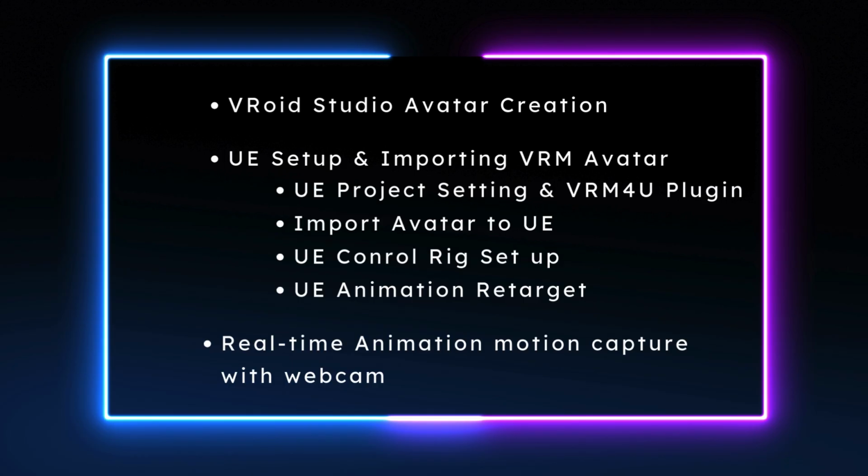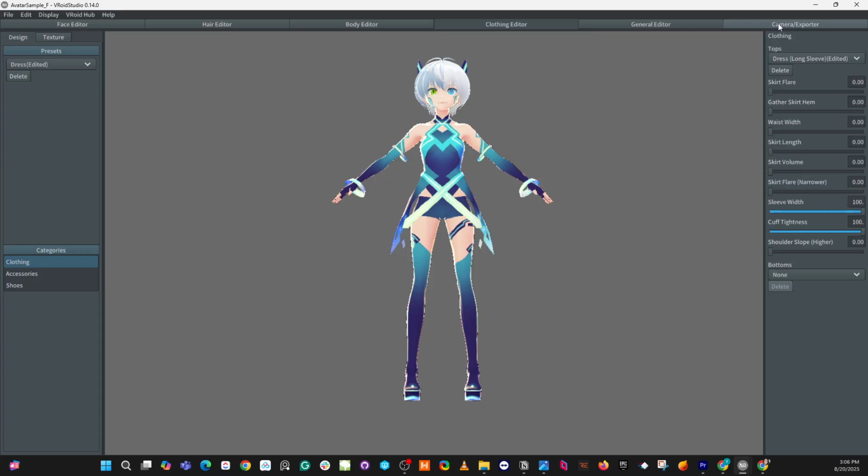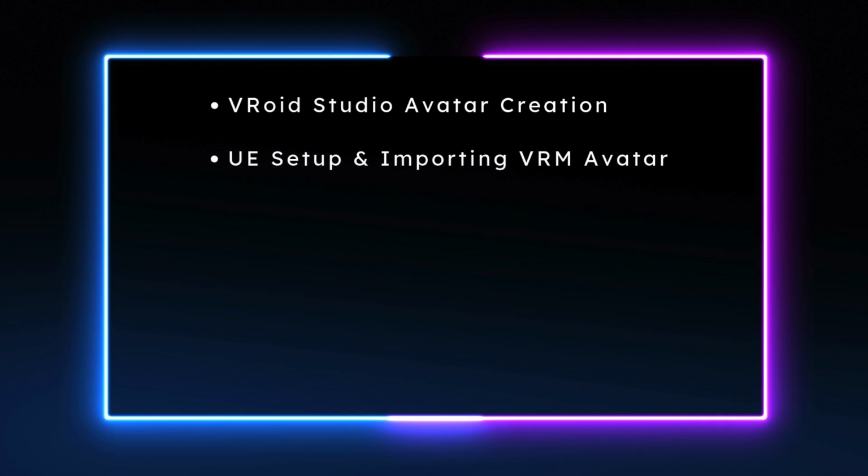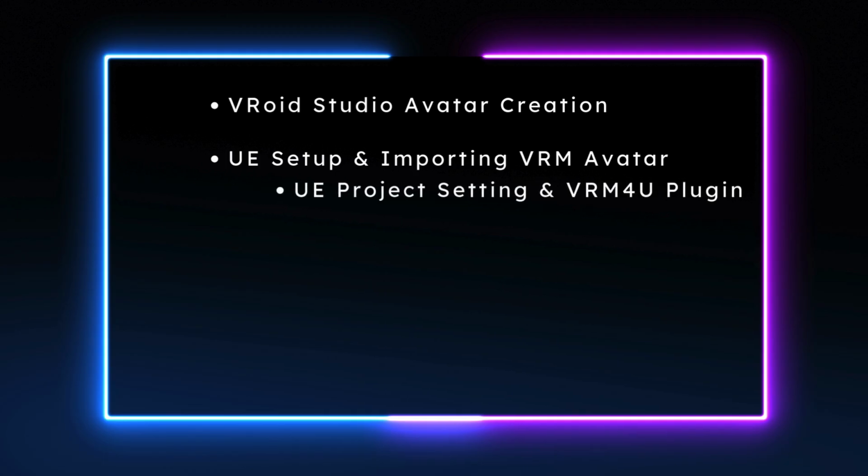Alright, before we dive in, let's quickly go over what we will cover today. We will start in VRoid Studio using one of the sample characters. Then we will bring that avatar into Unreal Engine using the VRM4U plugin.